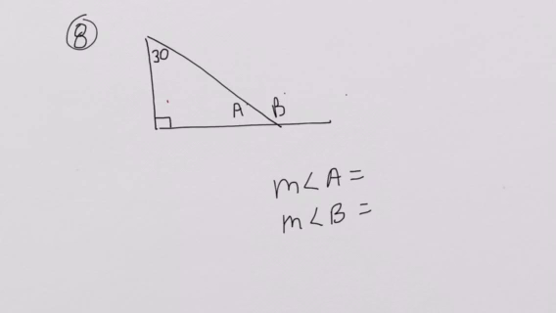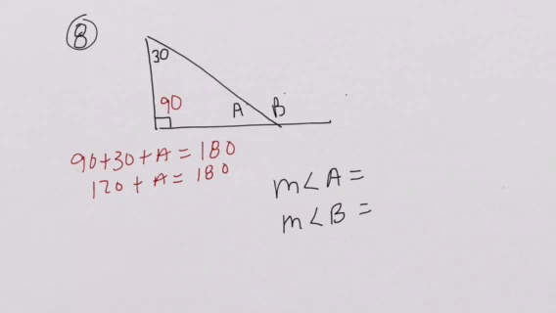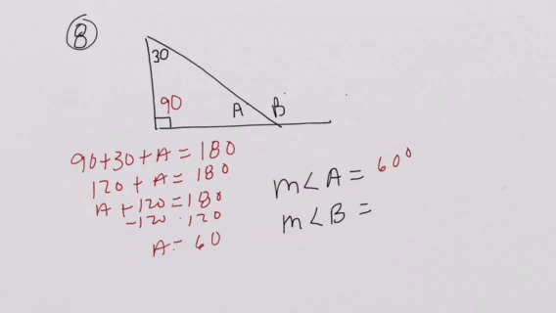Okay, let's do this one. It's a right angle, so that's 90. So I'm going to find A first. 90 plus 30 plus A is equal to 180. 120 plus A is equal to 180. A plus 120 is equal to 180. Subtract 120. So A is going to be 60 degrees.